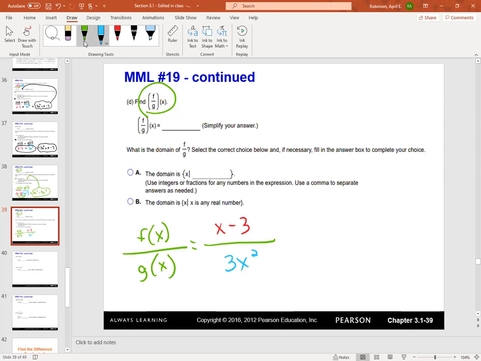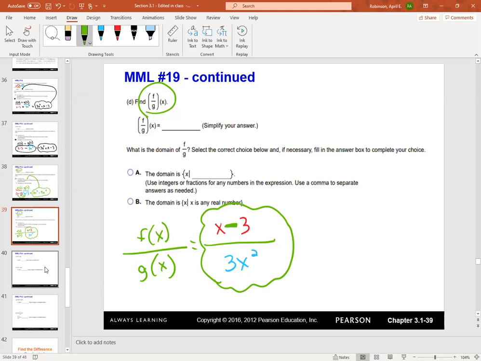Absolutely nothing can be simplified on this because you've got a binomial in the numerator and a monomial in the denominator. You cannot cancel the 3's and you cannot cancel the x's because of this subtraction, right? The only thing you can cancel an x minus 3 with is another x minus 3. It's all or nothing. So that's part D.